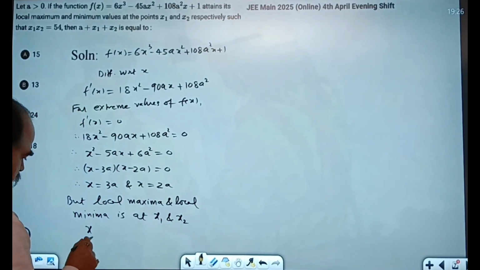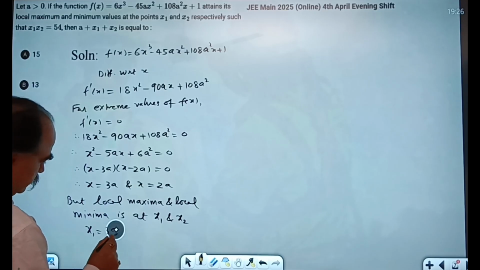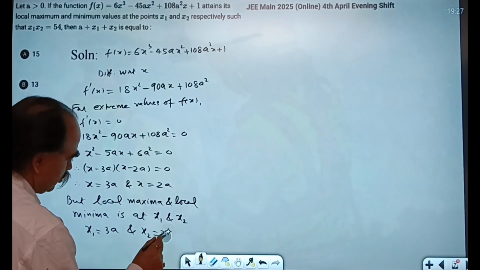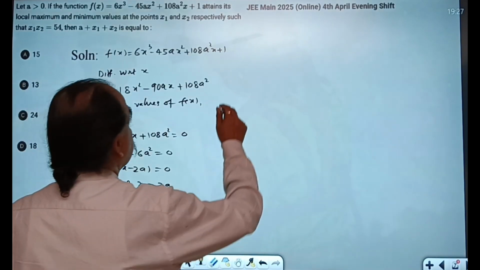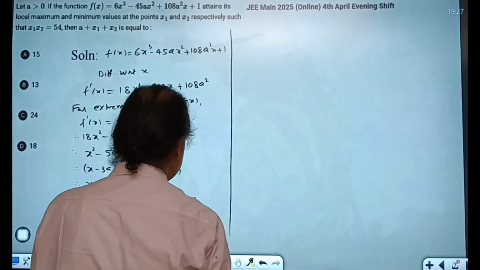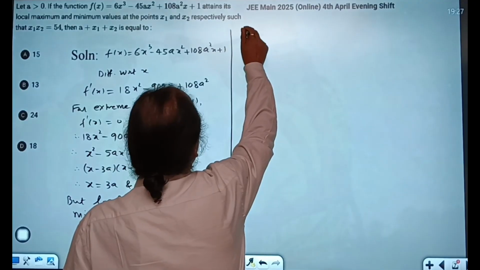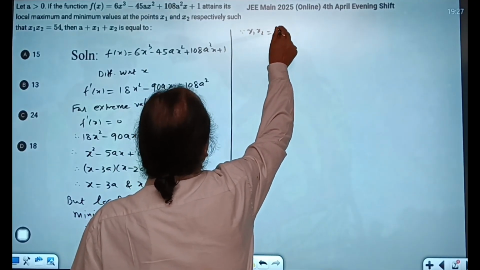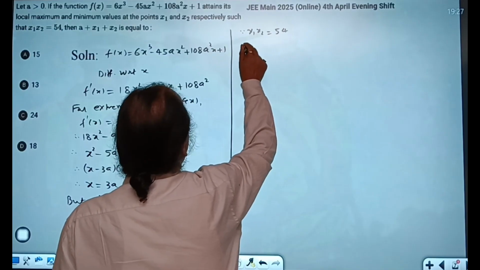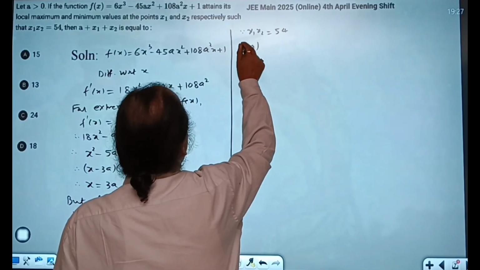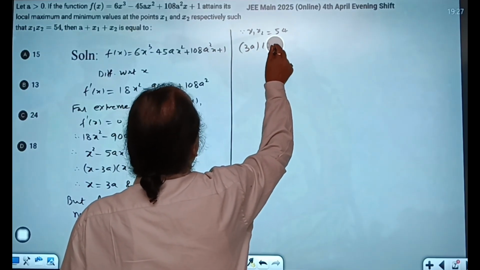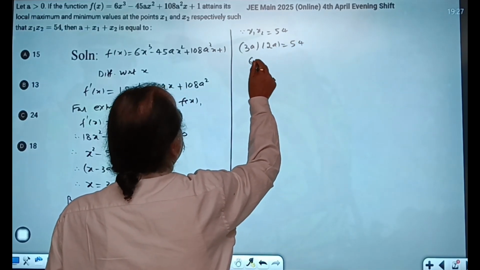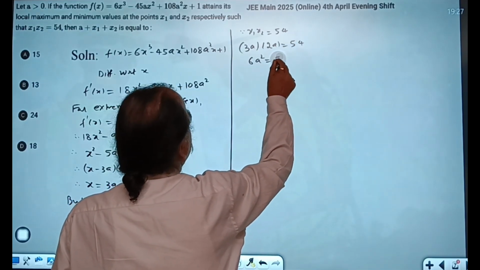So x1 will be 3a and x2 is 2a. Since x1 x2 is 54, 3a into 2a is 54, 6a square is 54.